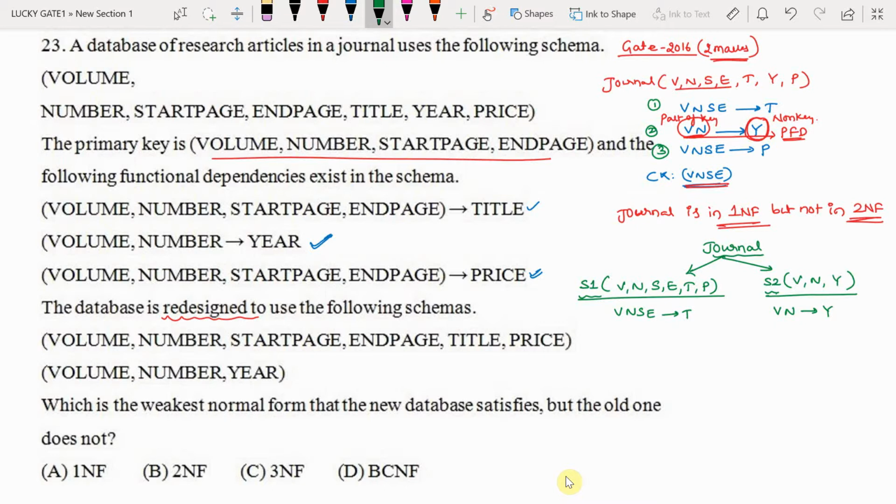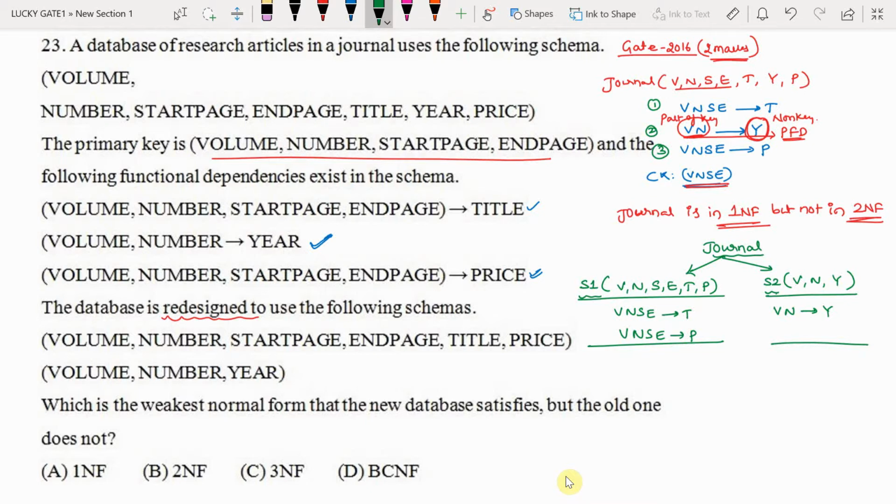Because schema 1 does not have V, N and Y all three. Because all three are there in S2, I can say VN to Y is satisfied in schema 2. Now coming to the third dependency, VNSE to P, it is satisfied in schema 1 because all 5 attributes are there in schema 1. Now all 3 dependencies of the journal are satisfied together by schema 1 and schema 2.